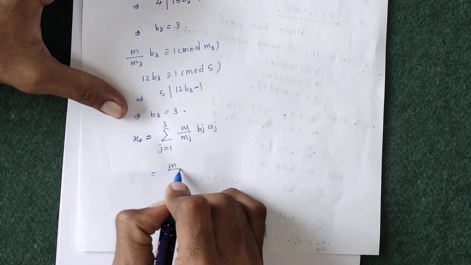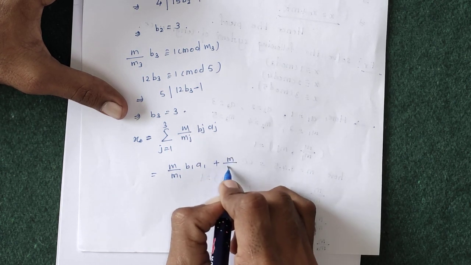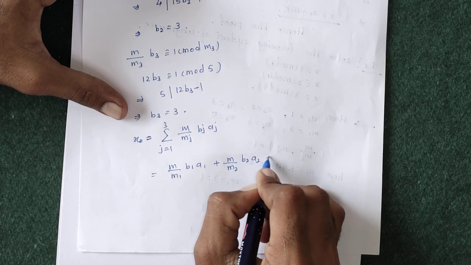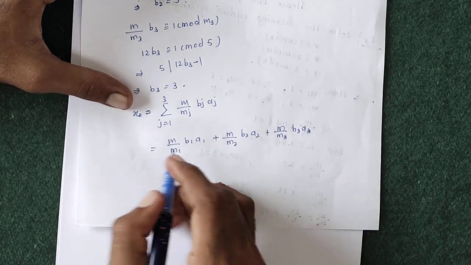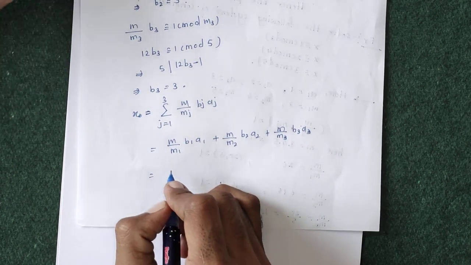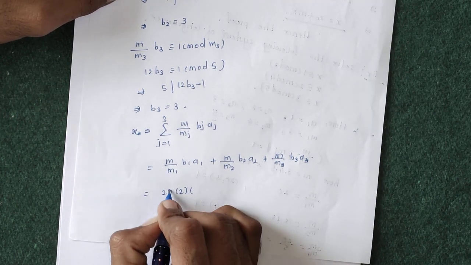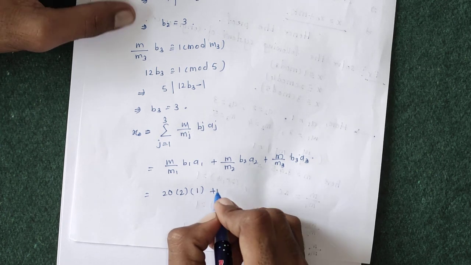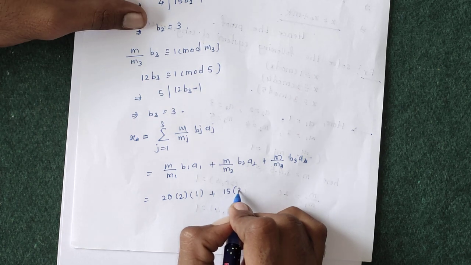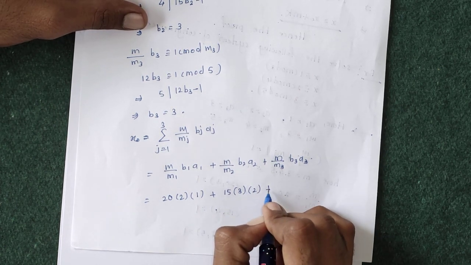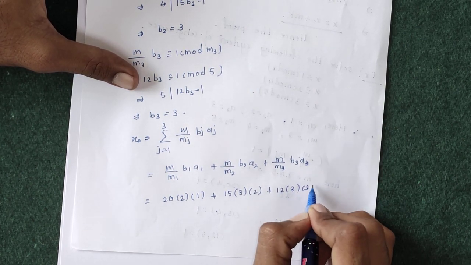So m by m1 b1 a1 plus m by m2 b2 a2 plus m by m3 b3 a3 gives us: m by m1 is 20, into b1 is 2, into a1 is 1, plus m by m2 is 15, into b2 is 3, and a2 is 2, plus m by m3 is 12, b3 is 3, and a3 is 3.